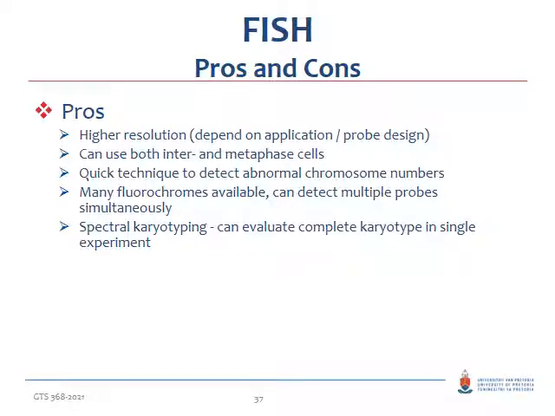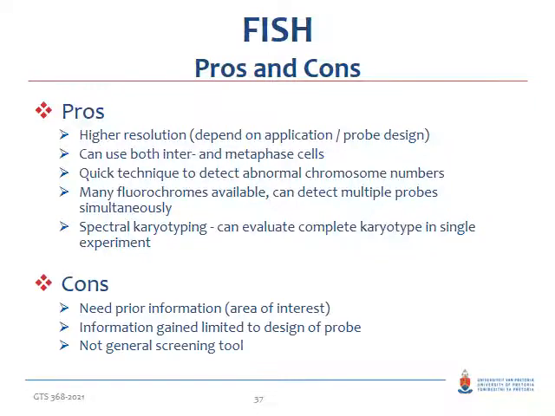You can also use different probes simultaneously. The cons, however, is that you do need prior information because you need to determine what is the area of interest, and the information you gain is really limited to that specific probe. And it's not a general screening tool.